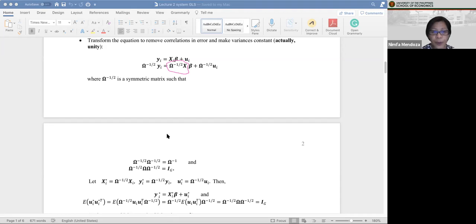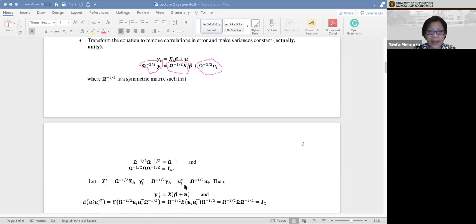And for y sub i star, we define this. And for the new disturbance term u sub i star, we have this. Then we can rewrite this equation as y sub i star is equal to x sub i star beta plus u sub i star, which looks very much like what we have for the original model, except that we have starred variables.